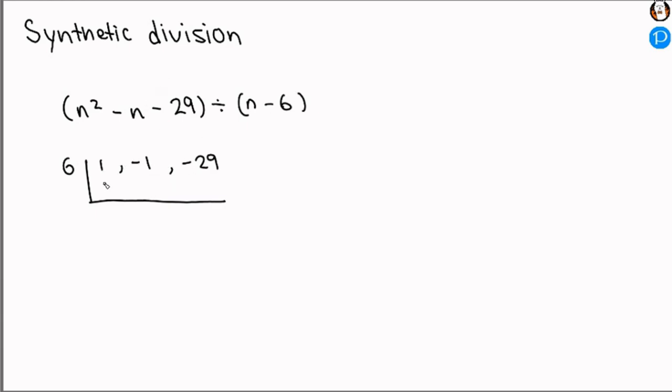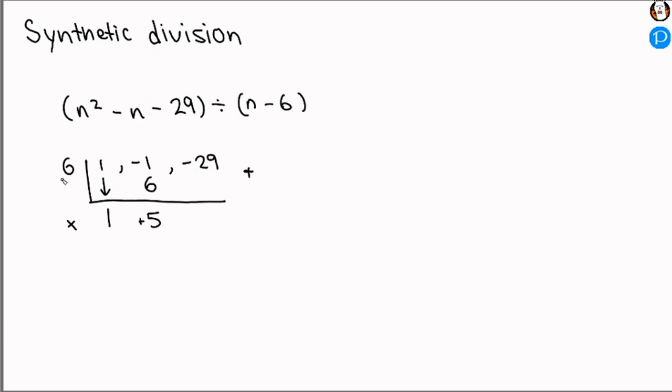Our next step is to bring this 1 down. We're going to write the 1 down here. Then we're going to multiply the 6 and the 1 to get 6. Here we're going to add -1 and 6, which we're going to get +5.